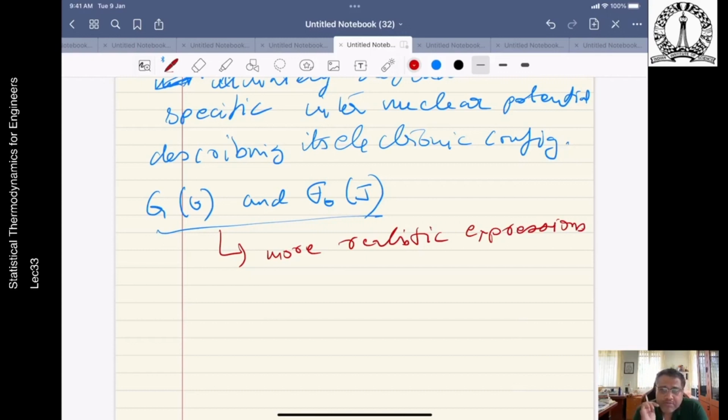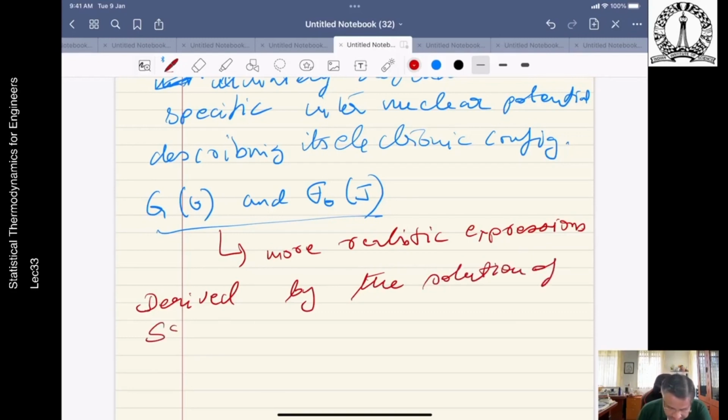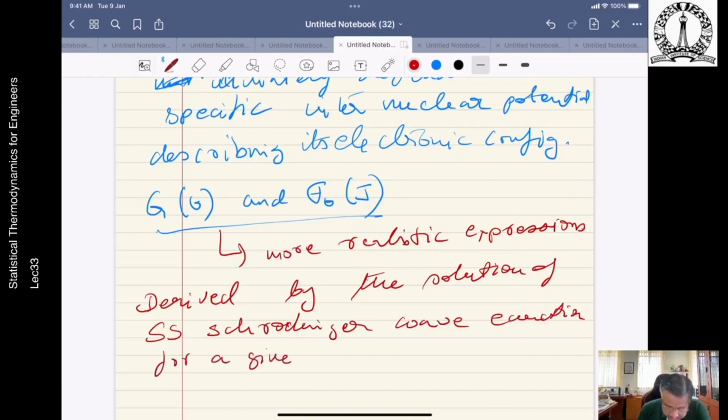These could essentially be derived by the solution of the steady state Schrodinger wave equation for a given Morse potential.